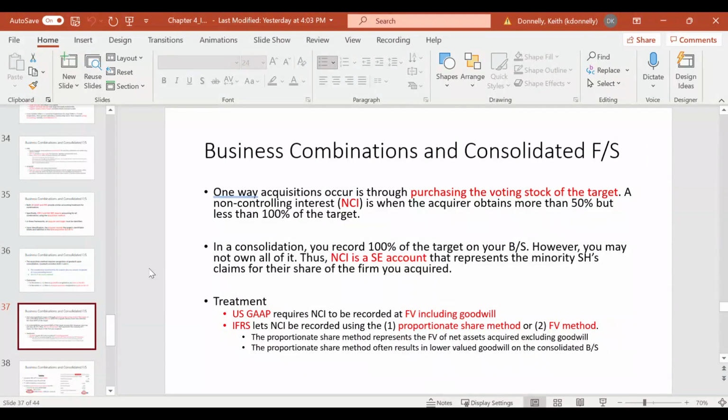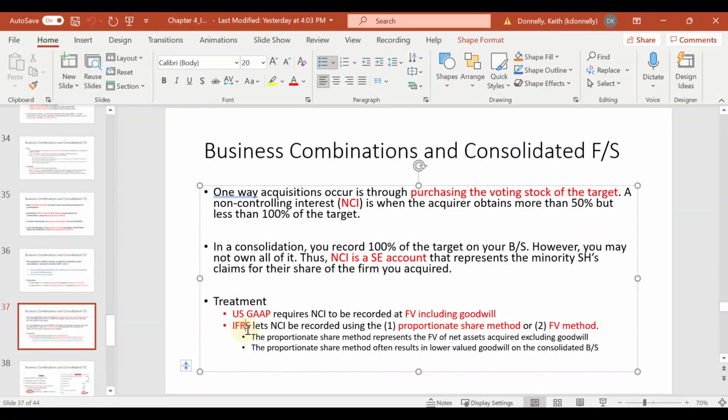US GAAP requires the non-controlling interest to be recorded at fair value, including goodwill, whereas IFRS lets the non-controlling interest be recorded using a proportionate share method or a fair value method. So we're going to look at the two ways you can record and account for a non-controlling interest.